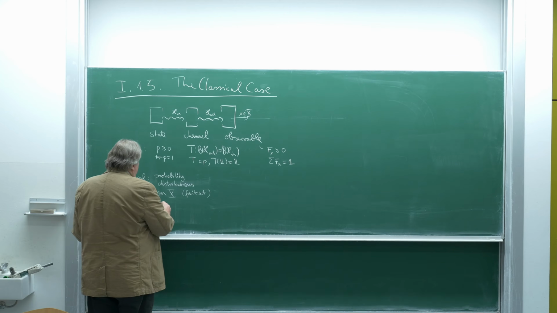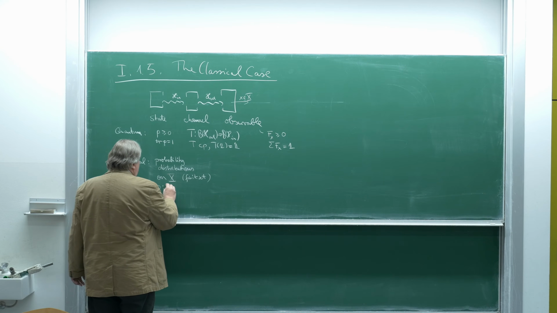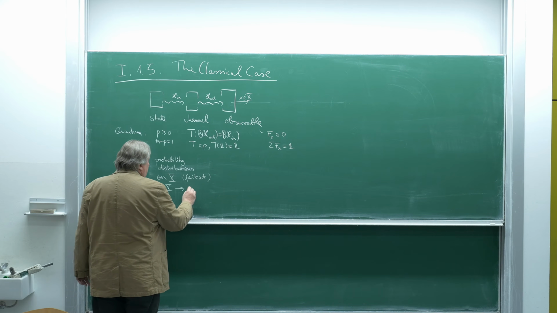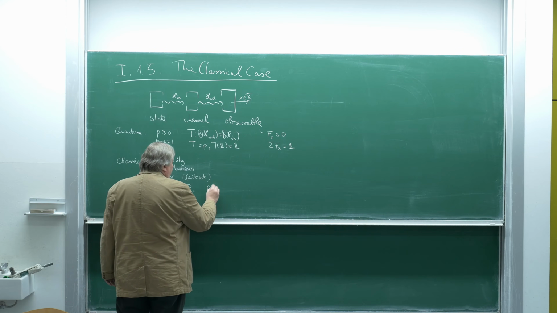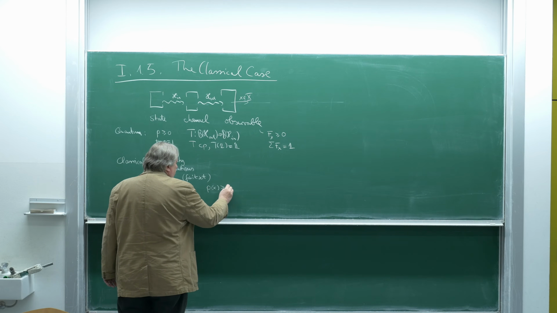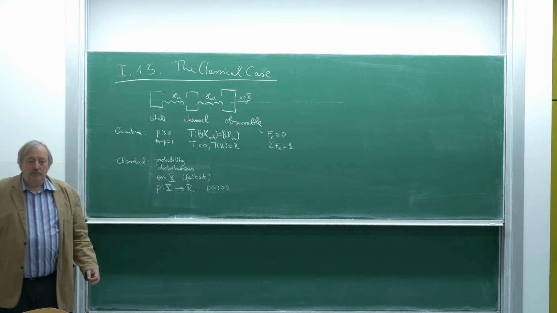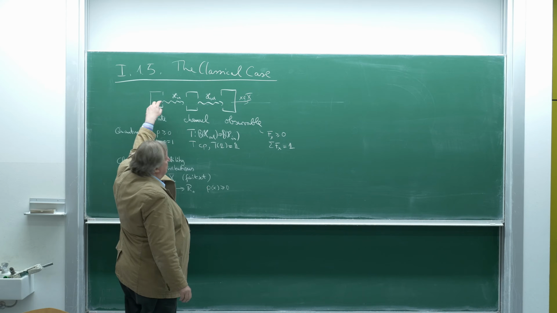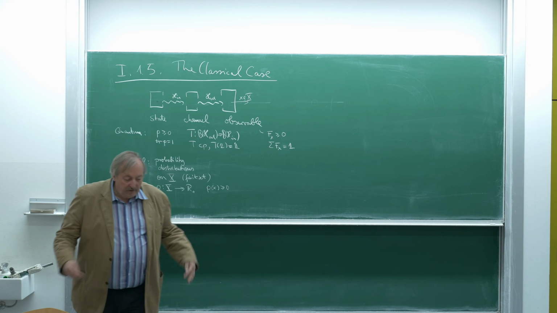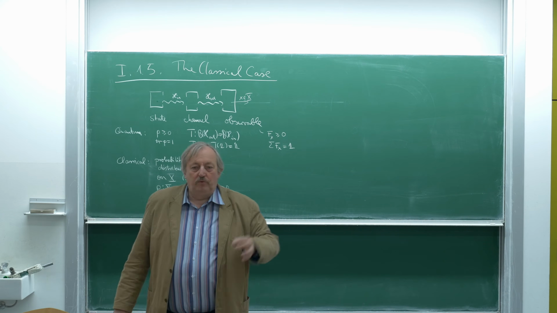So what is that? That is a function on X to the positive reals, so rho of x is positive. And rho of x would be the probability that the source, or whatever system, that the preparation gives a system with properties x.